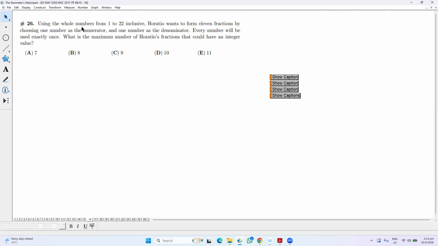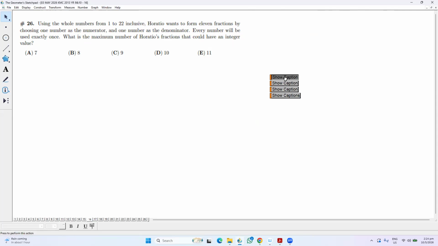Using the whole numbers 1 to 22 inclusive, we want to form 11 fractions by choosing one number as numerator and one number as denominator. Every number will be used exactly once. What is the maximum number of fractions that could have an integer value? The fraction must be integer.